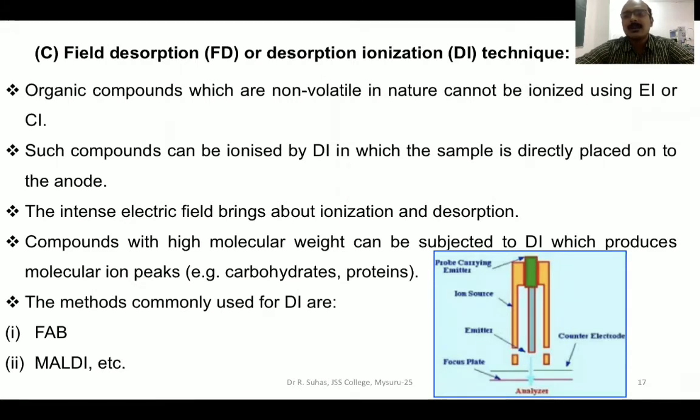Once the ions are generated here, they are easily swept out of the system by means of some electrical field, and hence it is called field desorption. In short, we can call it FD. It is also called the desorption ionization technique, so it is DI. The main principle here is desorption. It is the opposite of absorption.